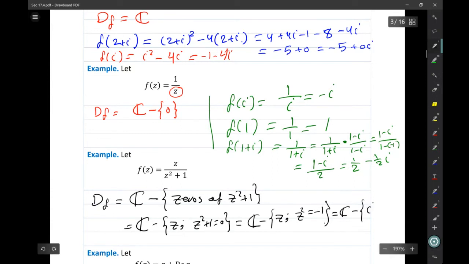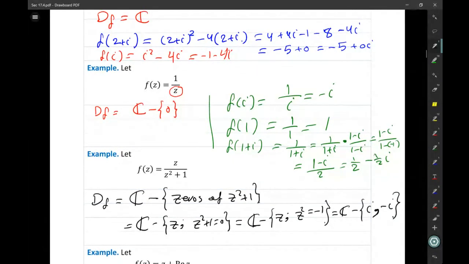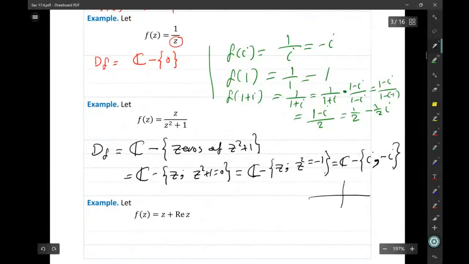It is either i or minus i, because minus i squared is also minus 1, and i squared is minus 1. So the domain is all the points except those 2 points, or those 2 complex numbers, i and minus i.